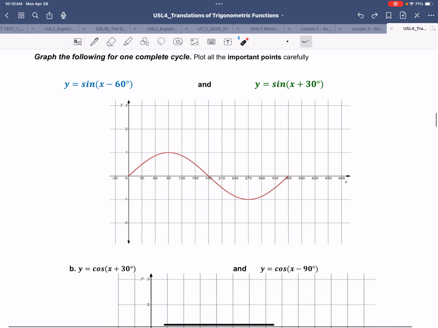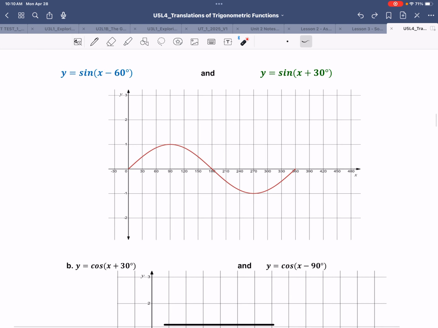Now we're going to take a look at y equals sine of x minus 60. In this case, we're going to say that the phase shift p is equal to 60. The way that we look at this is we look at the number that we are subtracting from x. If we are subtracting a positive number from x, it means that the value of p will be positive.